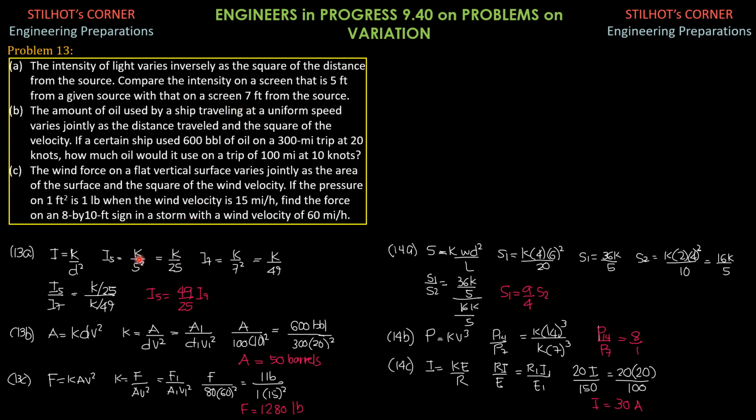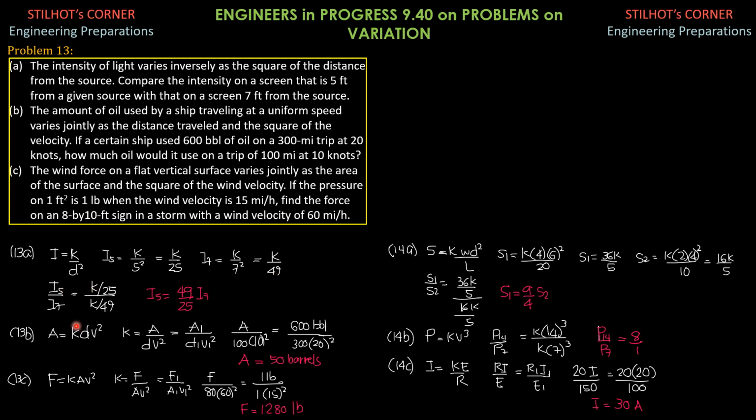When the distance is 5 feet, we have k over 25. That's the intensity of the light when the light is 5 feet from the screen. Then when the distance is 7 feet, k over 7 squared is k over 49.